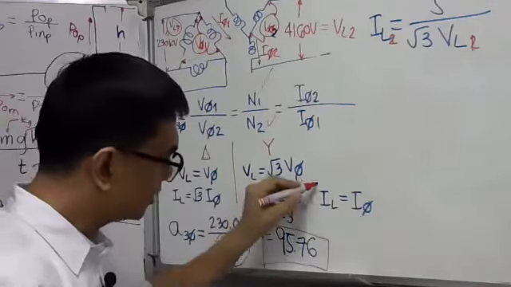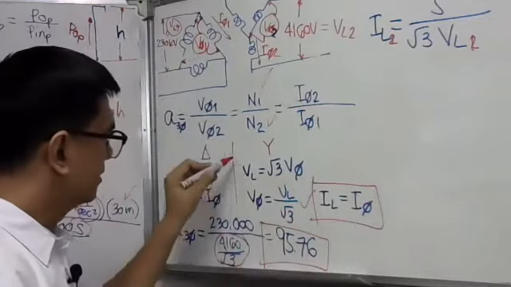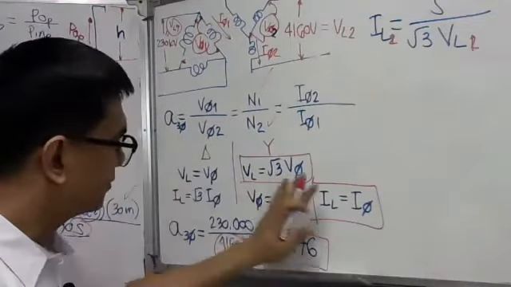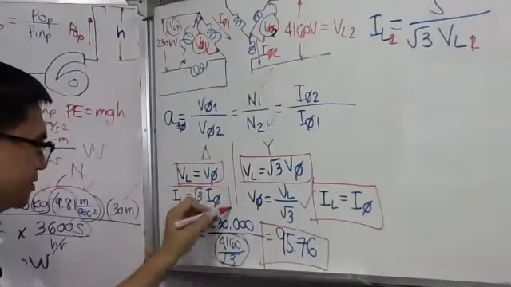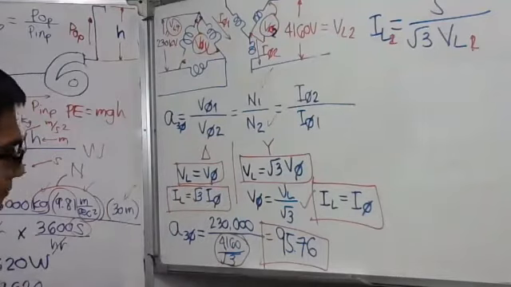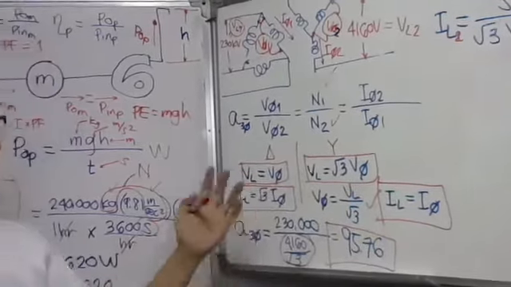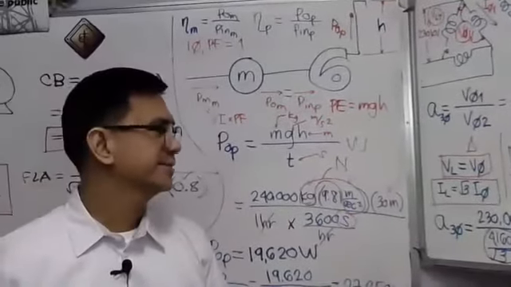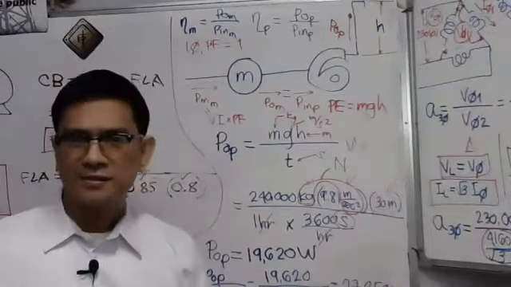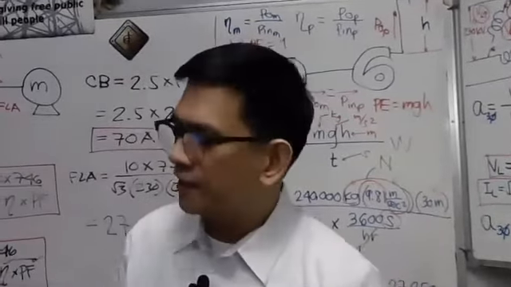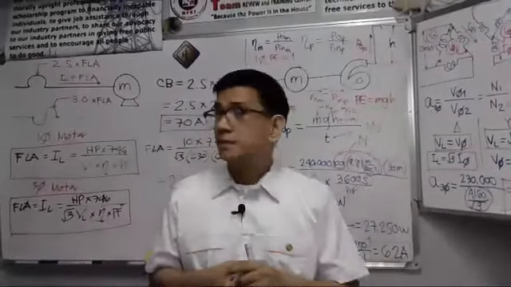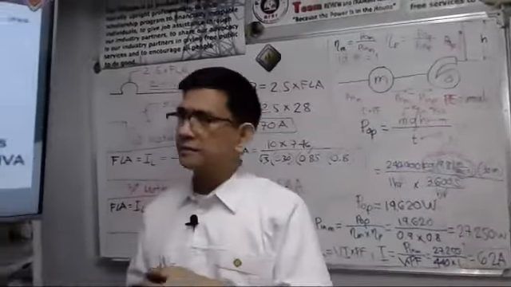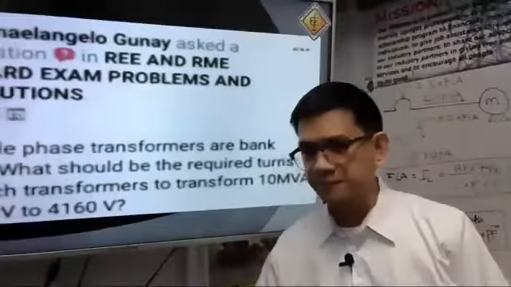So always remember this formula, for the Y and for the delta connection of the transformer. These are the basic formulas, some additional information you can get from this question. Okay, let's go now to our next question. Thank you.